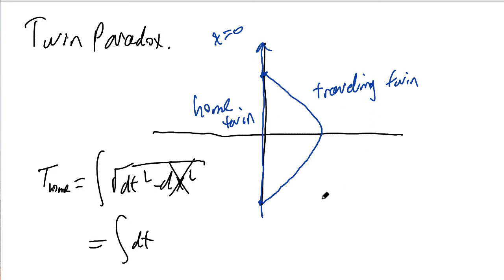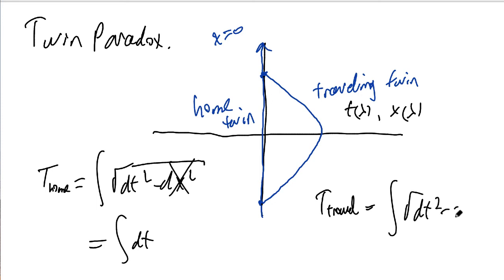For the traveling twin, well, whatever this world line is, we could parameterize it if you like, some x of lambda, t of lambda. This is the integral of the square root of dt squared minus dx squared. In this case, dx is not 0. Okay, so whatever it is, this minus dx squared is always subtracting something from the dt squared.